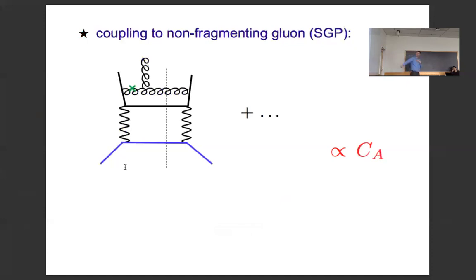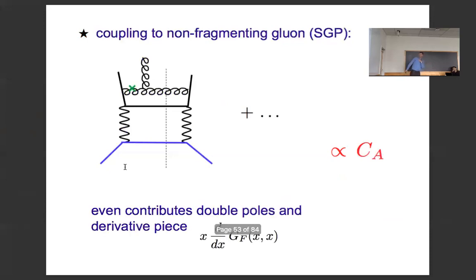Here they don't. And in fact, you badly need these contributions. You pick up a soft gluon pole from these as well. The diagram comes with this color factor C_A, and it contributes double poles in epsilon. I'll come back to that in a second. And it contributes also a derivative piece. And the reason why these diagrams are really important is the following.